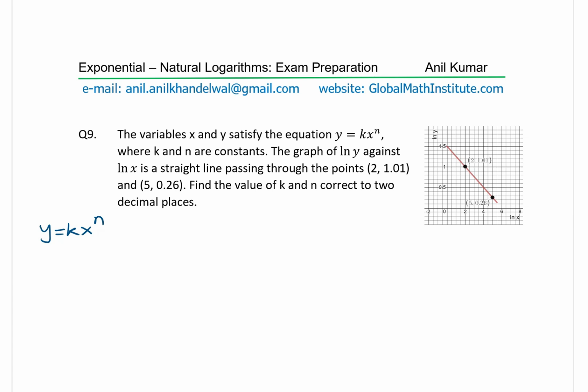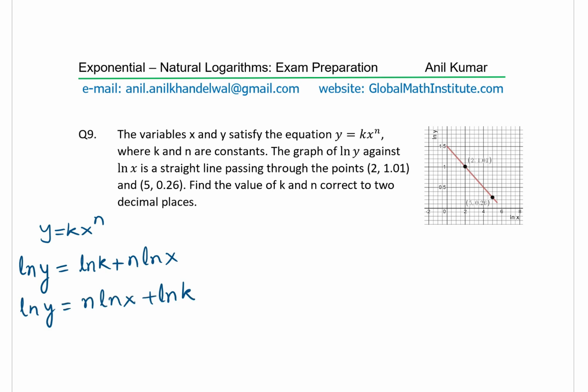Find the value of k and n correct to two decimal places. So we have a natural log versus natural log graph here. So let's simplify the equation. Rather, take log on both sides. We'll take natural log. So we get ln y equals ln k plus n times ln x. So let's rearrange this. So we get ln y equals n times ln x plus ln k.